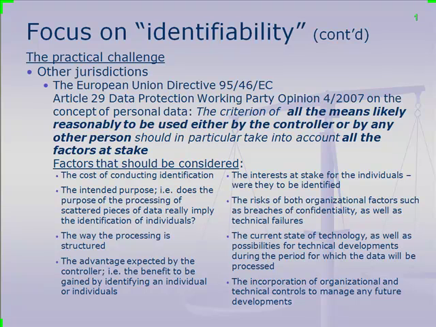Okay, so the cost of conducting identification, the intended purpose, the way processing is structured. So that basically means what's going to be done to the data. The advantage expected by the controller, the processor, or any other person. So is there a benefit to be gained by re-identification of the data? You know, what are the privacy interests at stake if individuals were to be identified? The organizational risks, so technical failures.